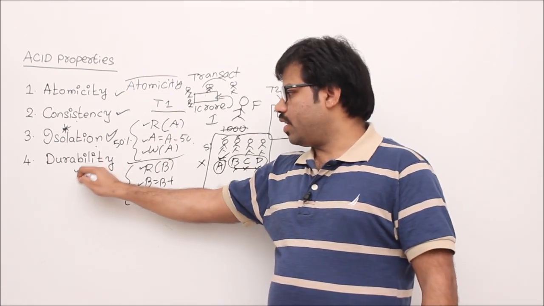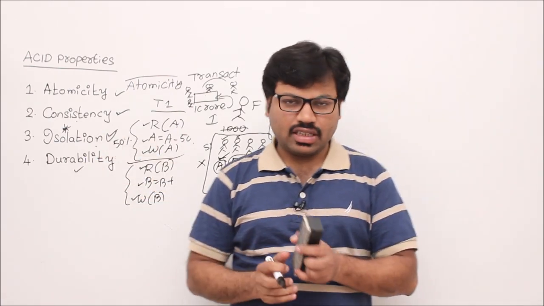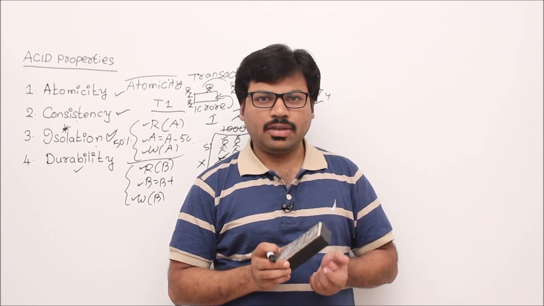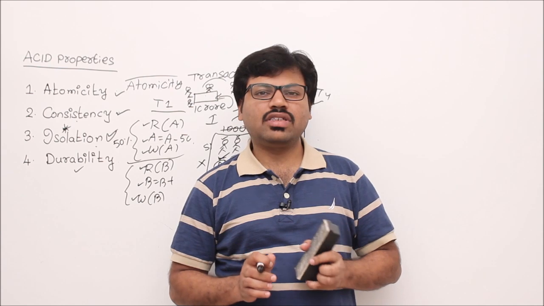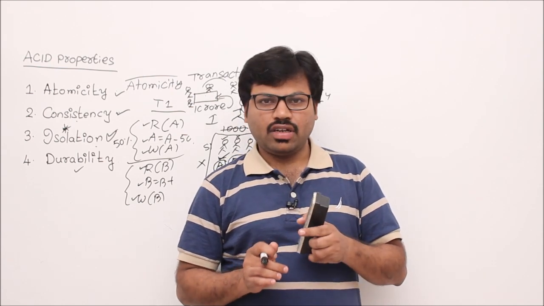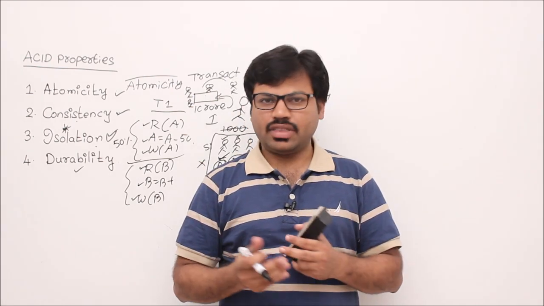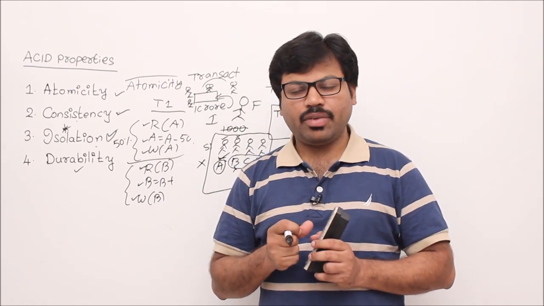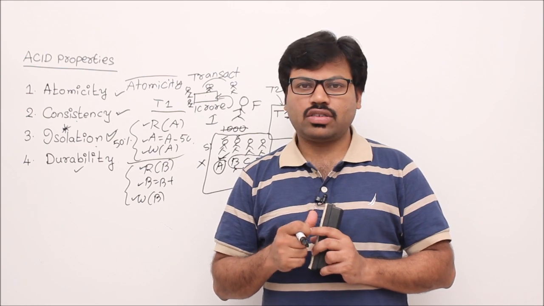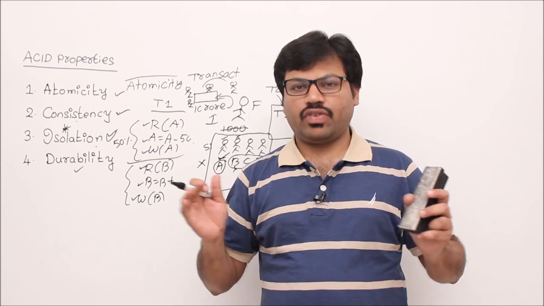Now we'll see durability. Durability is different from these other three properties. In durability, we have to maintain the data permanently. That means when transaction T1 modifies some database item, the modification should be permanent. Permanent means not 1 year, not 2 years, not 3 years. It is forever.